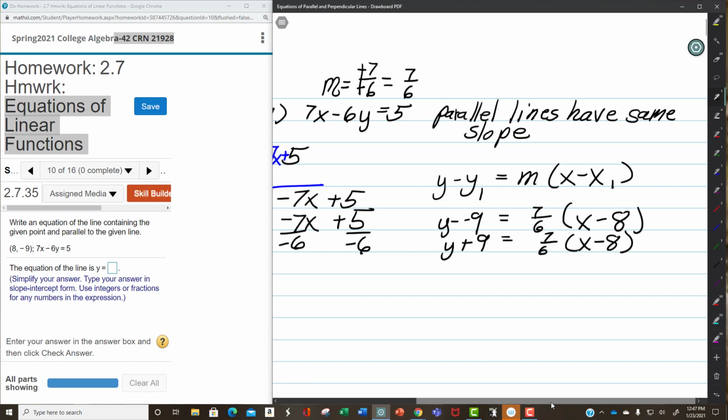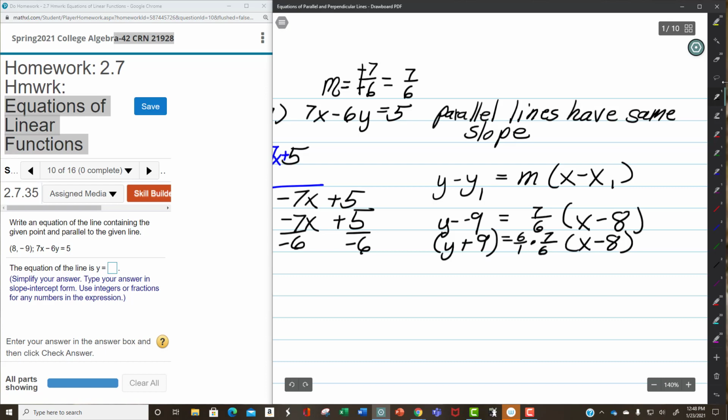Now, to temporarily get rid of the fraction, because nobody likes fractions, I multiply by 6 over 1 where there's a fraction, and just by 6 where there is no fraction. Multiply both sides of the equation by the denominator of the fraction. The 6's cancel over here, which is why I multiplied by 6.